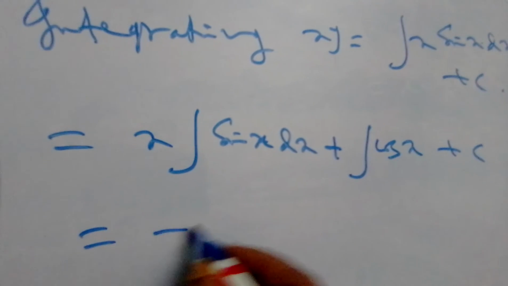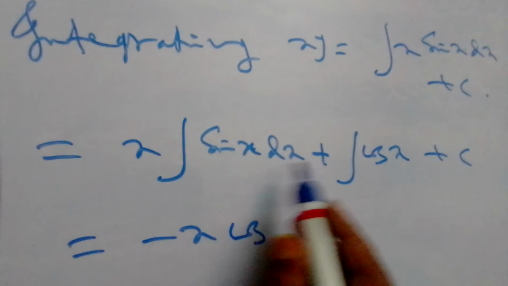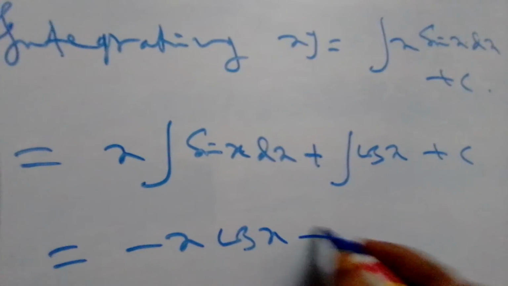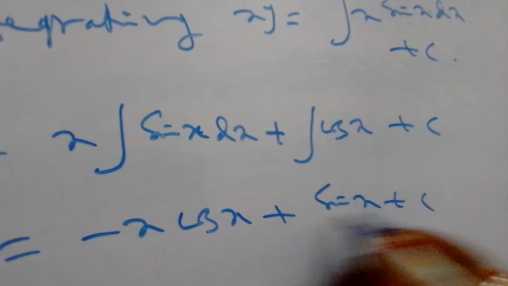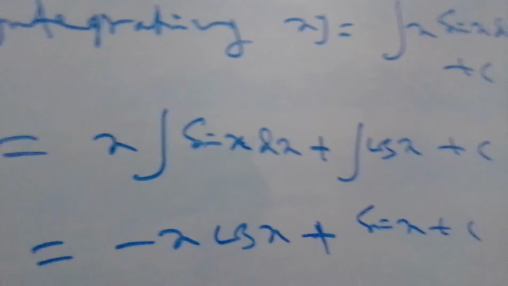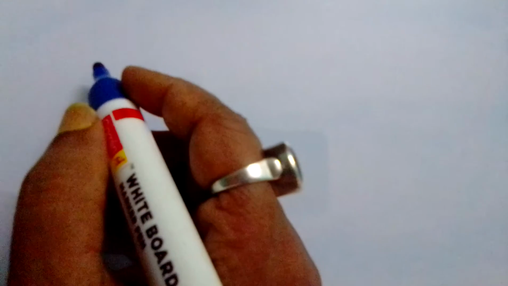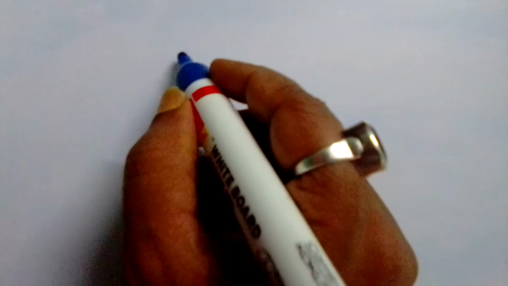It will be minus x cos x plus sin x plus c. So finally you obtain this result. In this way we solve many types of elementary problems, and any student can try the following examples like this.